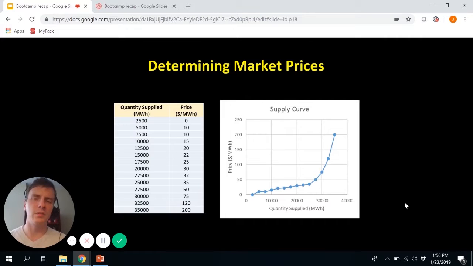Now remember, this system supply curve does not refer to the individual supply of electricity from this particular coal plant. This is the larger system or market's ability to provide electricity and the price at which they would be willing to sell electricity for different quantities supplied. So this is our system supply curve. That's half of what we need to determine what the equilibrium or market price would be.